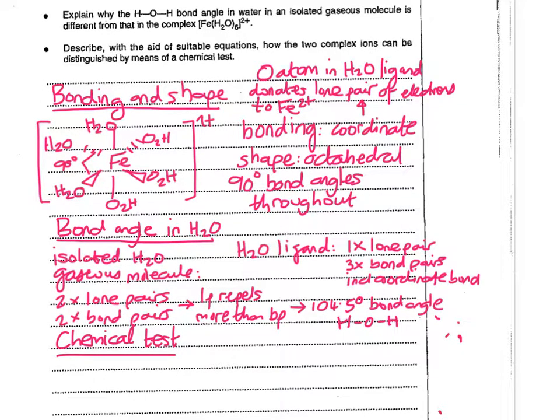So the H2O ligand has 1 lone pair and 3 bond pairs, including the coordinate bond we just discussed in the previous part of the question. That would make the bond angle 107. And I thought I'd put the reason in, which is that there's less repulsion between electron pairs.